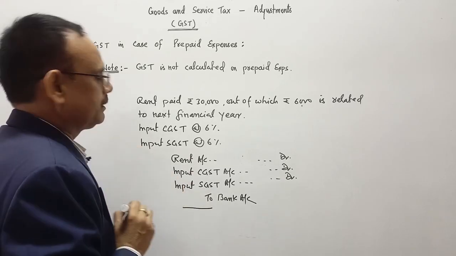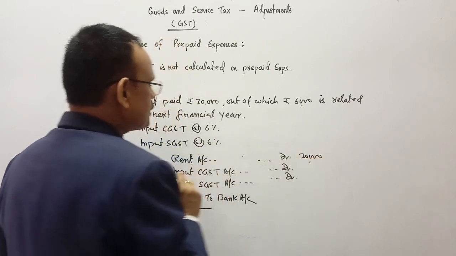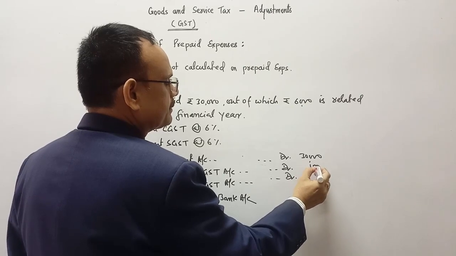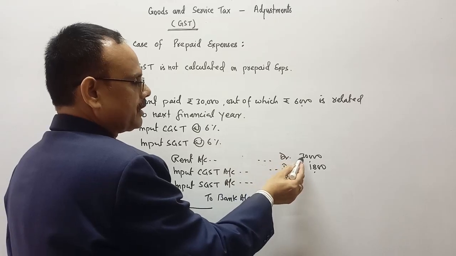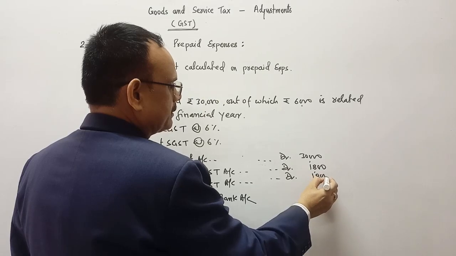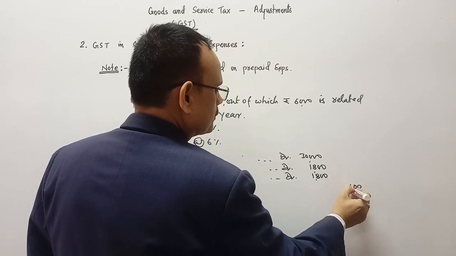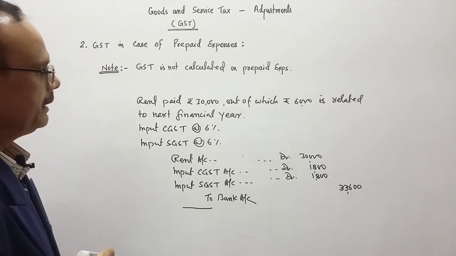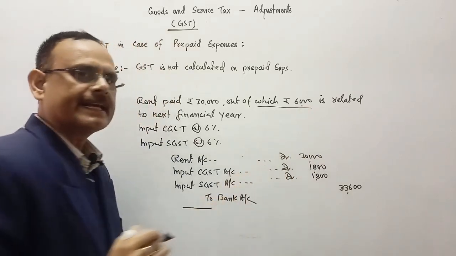Rent is 30,000, 6% CGST of 30,000 is 1,800, and input SGST is also 1,800. So the total amount paid is 33,600. Later on it comes to our knowledge that the 6,000 is related to the next year.